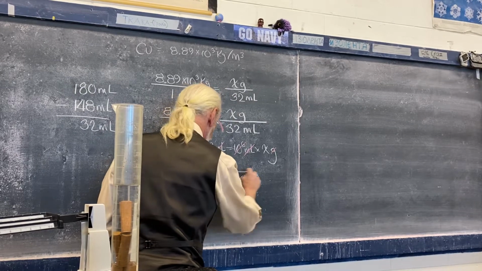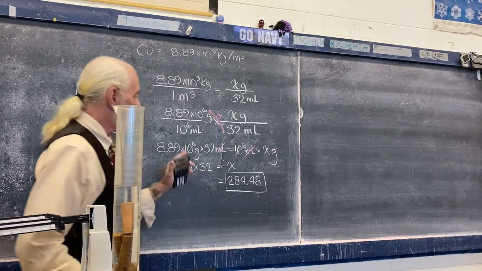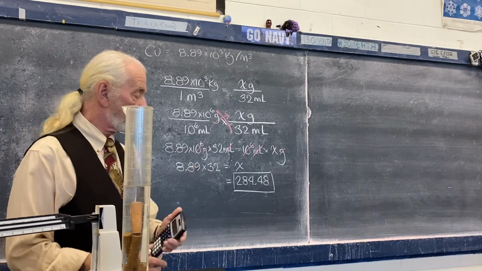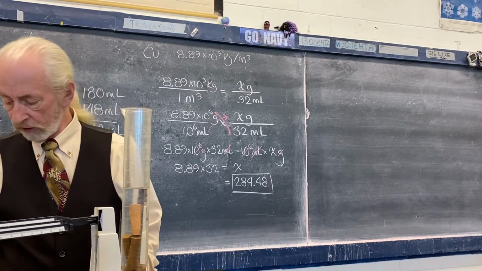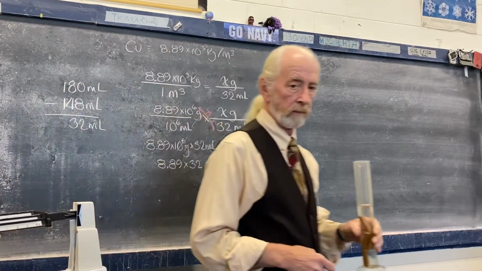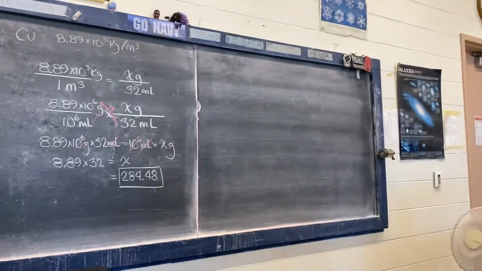My answer. So, this sample of copper should have a mass of 284.48 grams. So, I'll dump the water out.